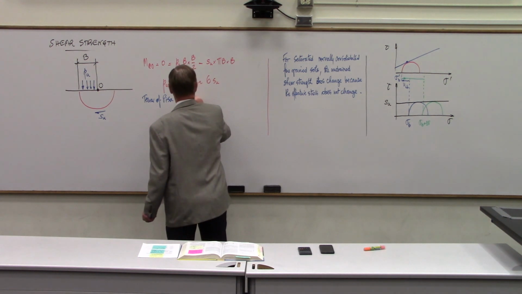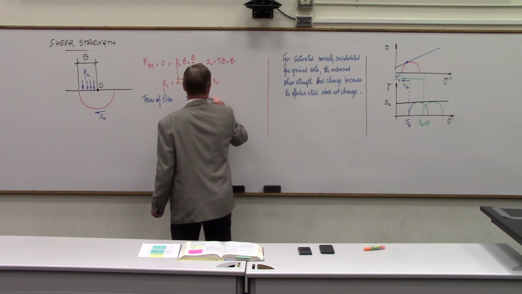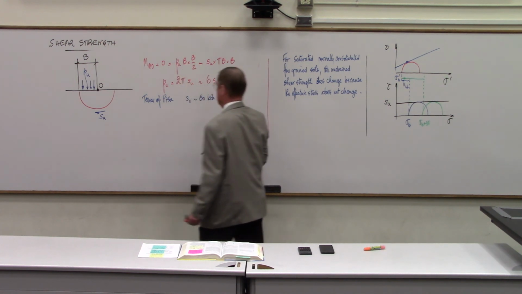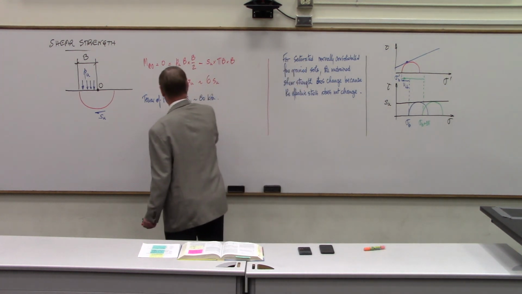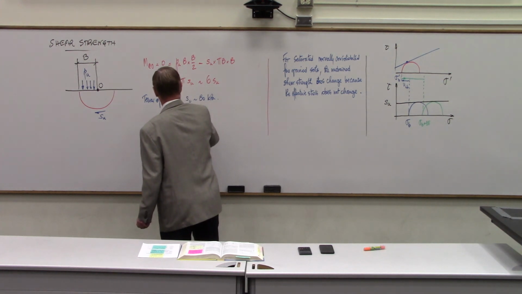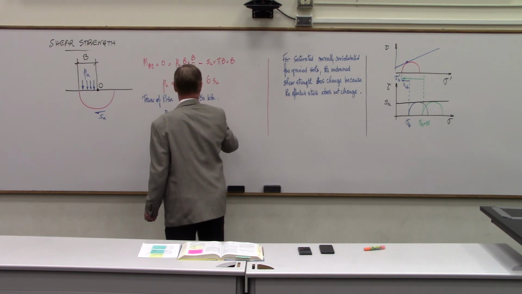The undrained strength of the material is about 80 kilopascal. And so the maximum pressure you could put on that material in Pisa would be about 6 times 80 equals 480 kilopascal.